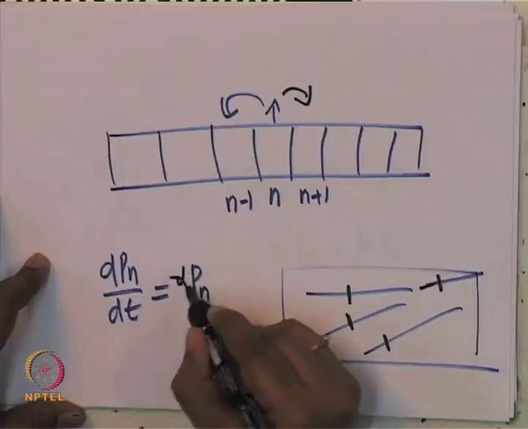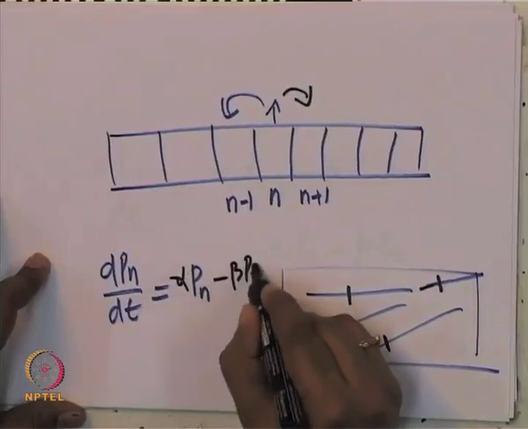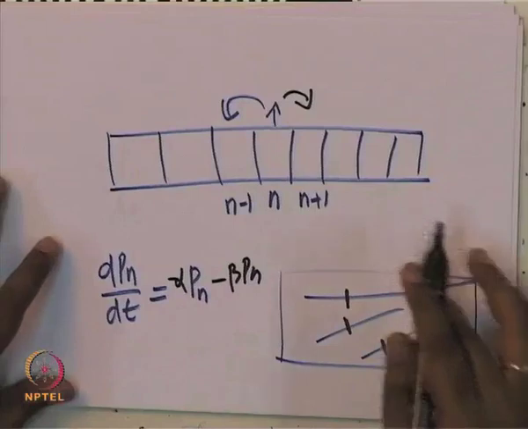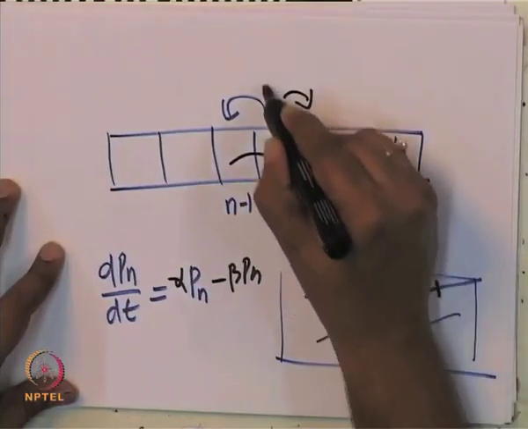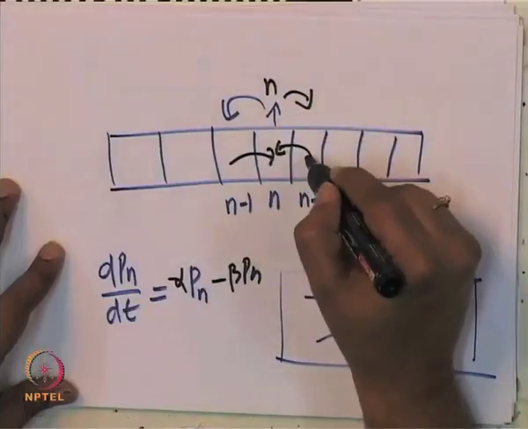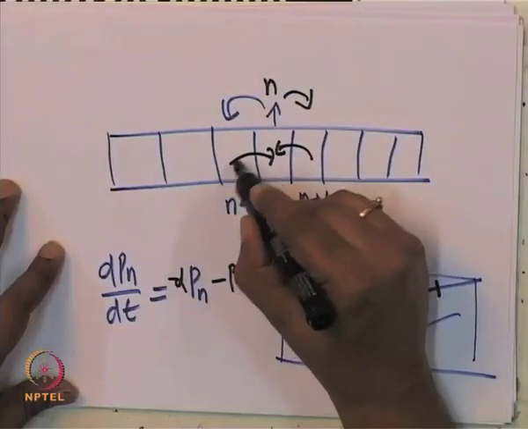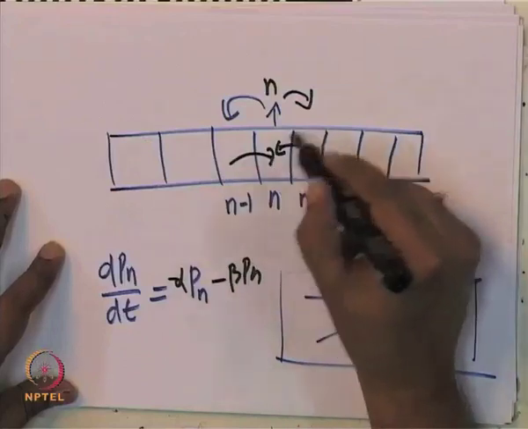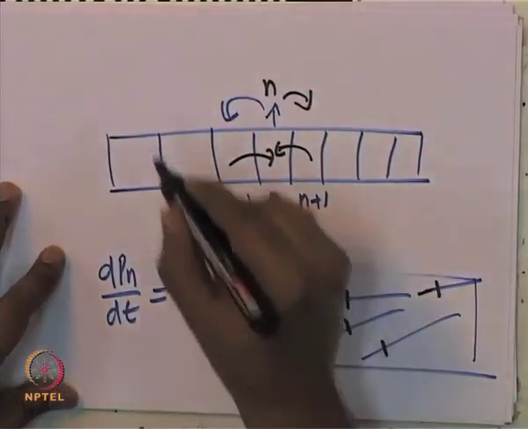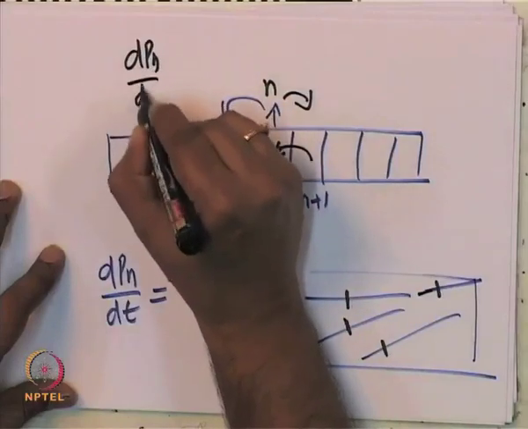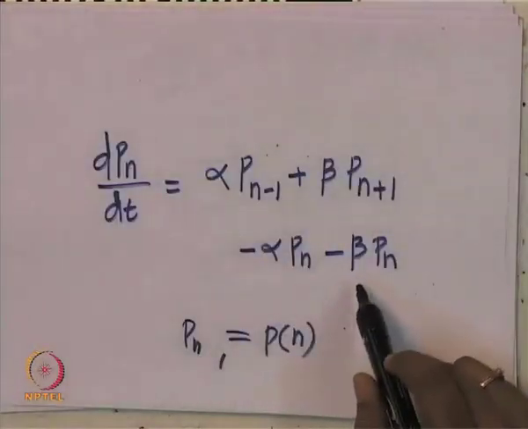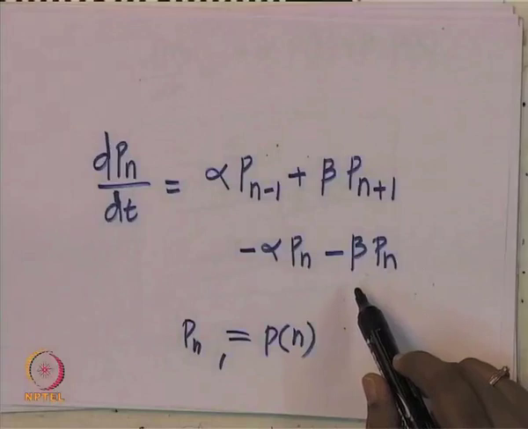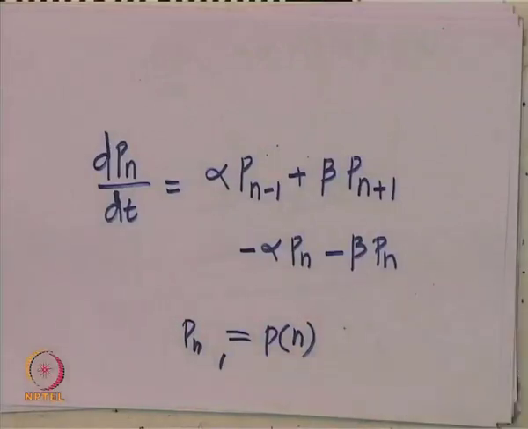So, this is the same as minus alpha P n minus beta P n. Similarly, if you have a molecular motor here, it can come here. So, this n can increase by a molecular motor moving from n minus 1 to n or n plus 1 to n. So, you can write dPn by dt, and the same equation we described here applies exactly the same way to the molecular motor also. Okay, so this is the master equation.